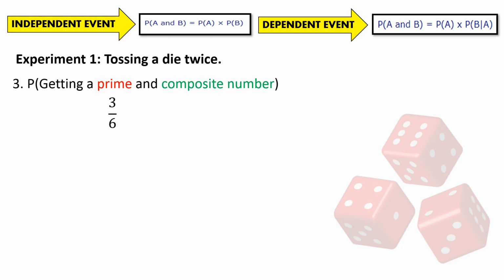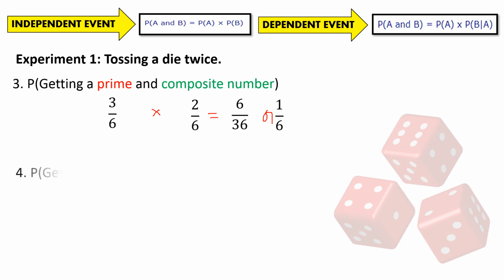For the composite numbers as our second event, the composite numbers are only 4 and 6, just 2 pieces, so the probability is 2 over 6. We multiply these two: 3 over 6 times 2 over 6 gives us 6 over 36, or in simplest form, 1 over 6.